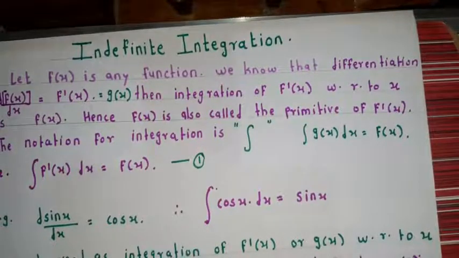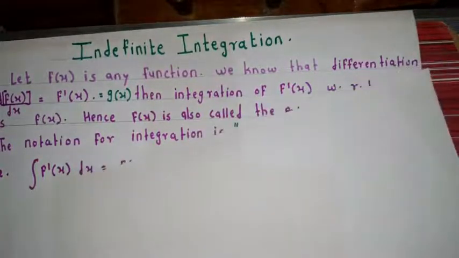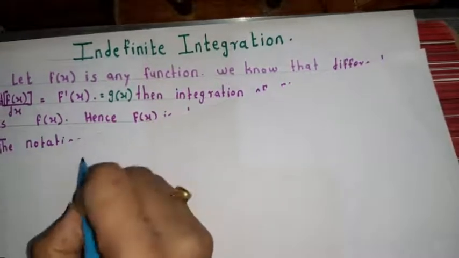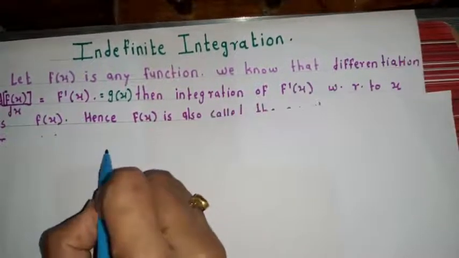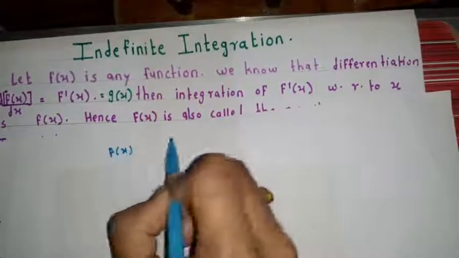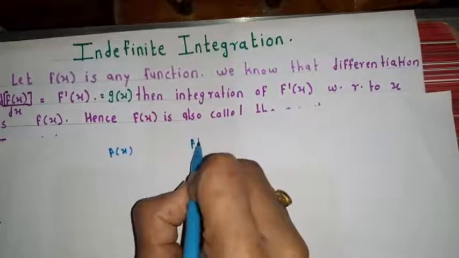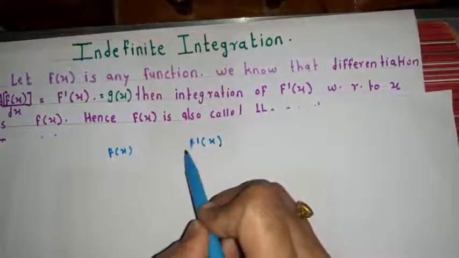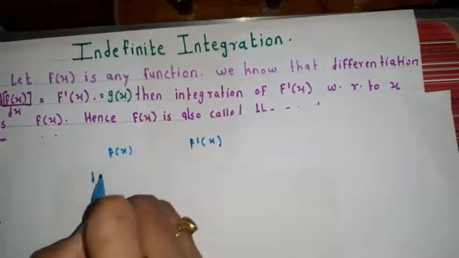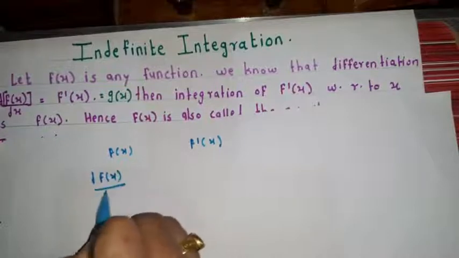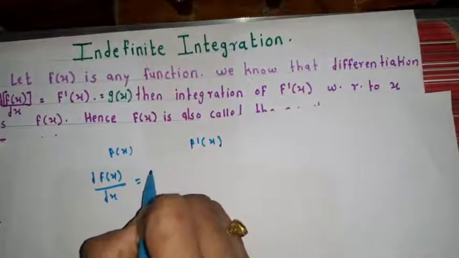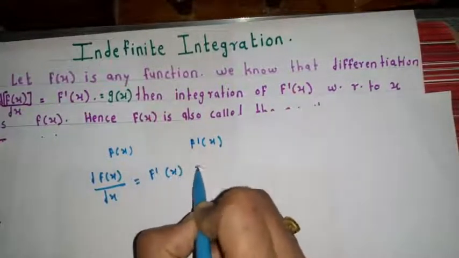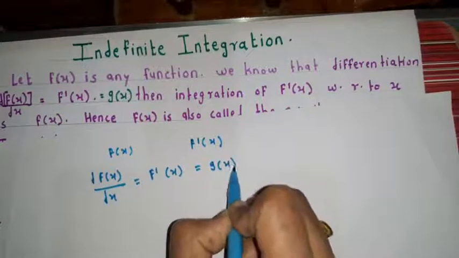As I explained, if we have the function f of x, the differentiation of f of x is f dash of x. Now suppose we consider f dash of x equal to g of x.